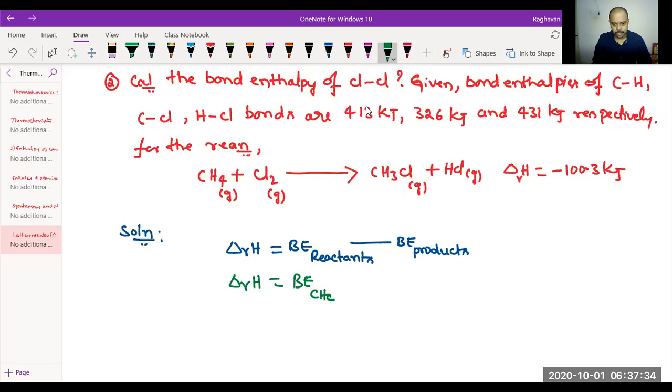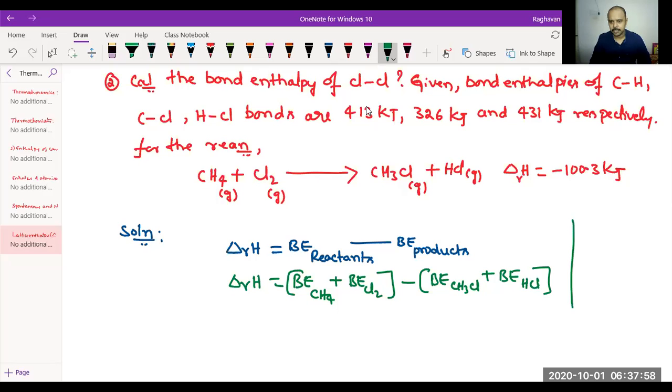Let me write one more step so that you'll understand better. This is Cl2, reactants minus bond enthalpy of CH3Cl plus bond enthalpy of HCl, right? Now, when you look at the structure, in methane, there are 4 C-H bonds.